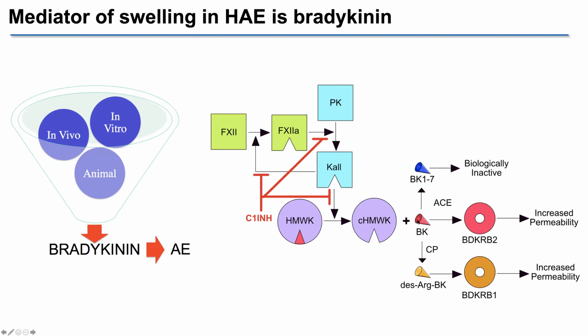A controversial issue is whether bradykinin, which can also be degraded by carboxypeptidase to something called des-Arg bradykinin, which can bind to the B1 receptor, is involved in angioedema. And it remains uncertain. I'll tell you a little bit more about that in just a second.